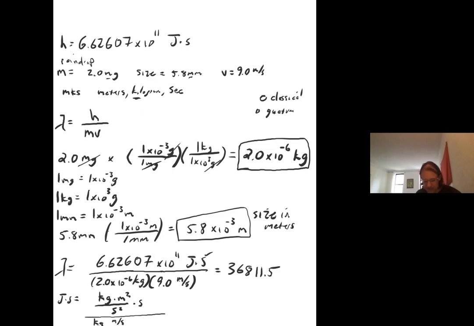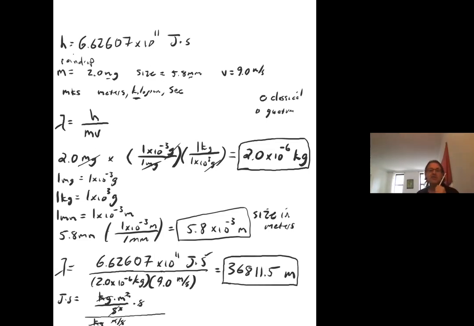So one of these meters cancels with that meter. The kilogram cancels. One of these seconds cancels with one of those, and then this second cancels with that one. So you're left with meters. Strange, right?